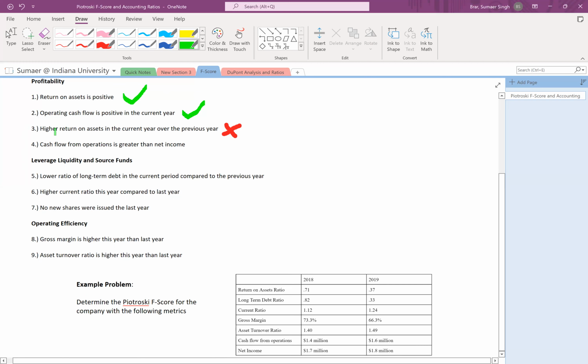Our fourth criteria is that cash flow from operations is greater than net income. So if we go to the most recent year, 2019, according to this table, we see the ratios.